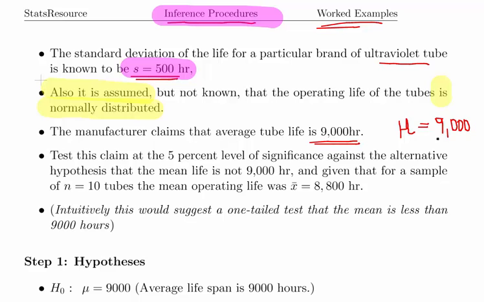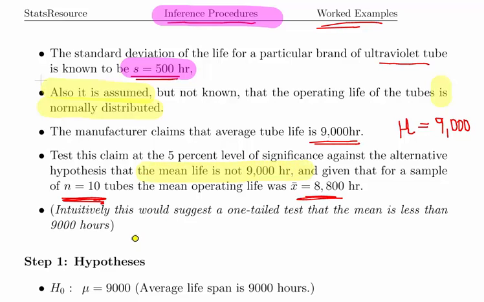We're given two pieces of information: a sample size of 10, which essentially means a small sample, and a sample mean X bar, the mean operating life of a sample of 10, of 8,800 hours.